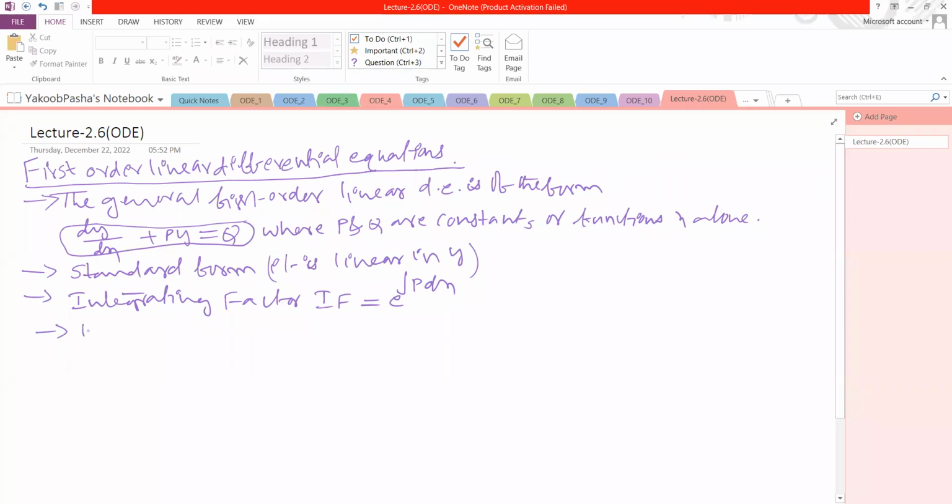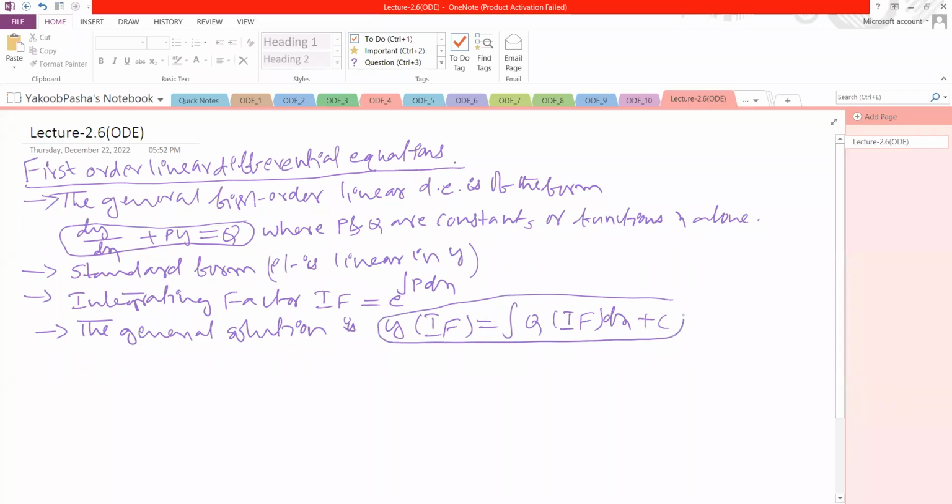Now, the general solution is y into integrating factor is equal to integral q into integrating factor dx plus c. This is the general solution of the given differential equation.